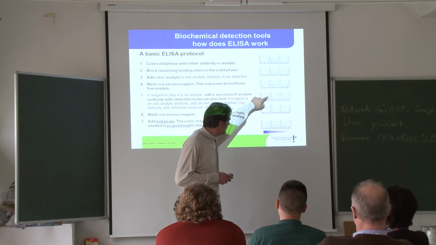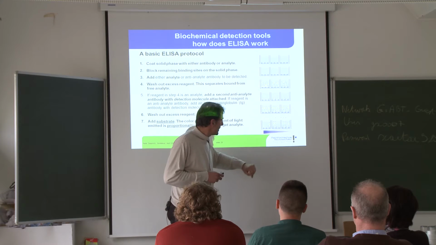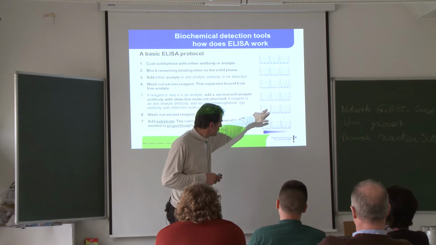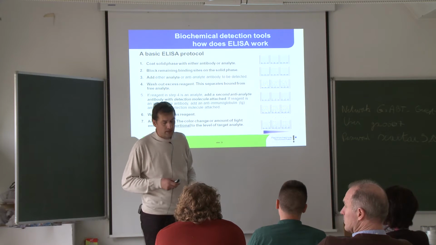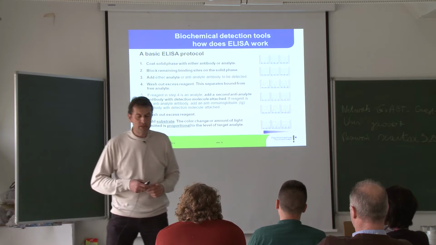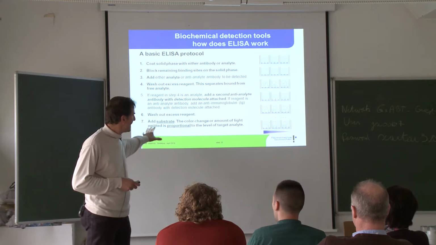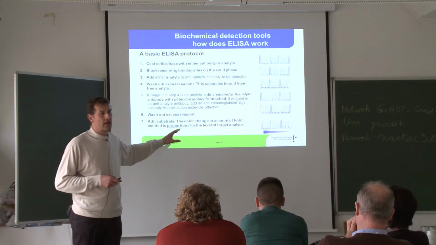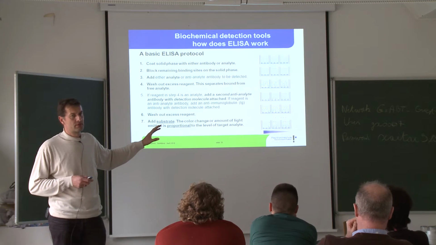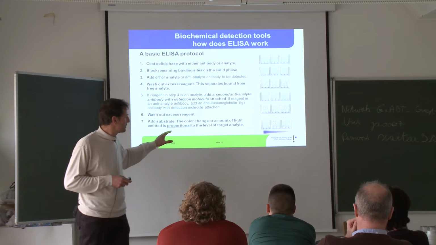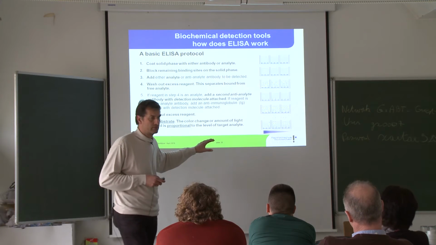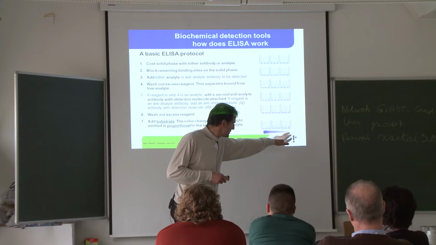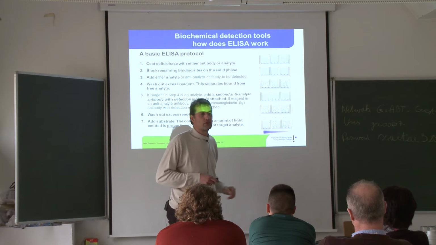Immunosorbent, immunological binding reactions, the enzyme linked to those antibodies. And then, if you add a substrate which is suitable for the enzyme to process, then you usually get a color reaction, more or less intense, depending on the concentration.